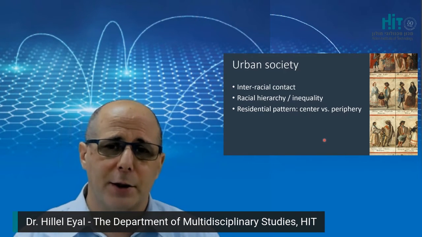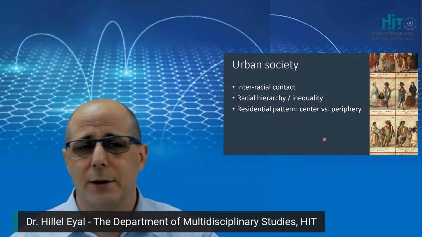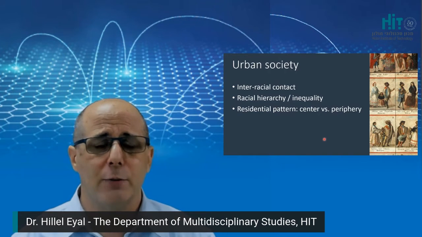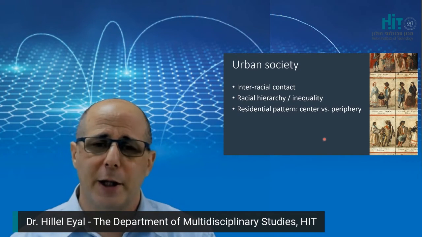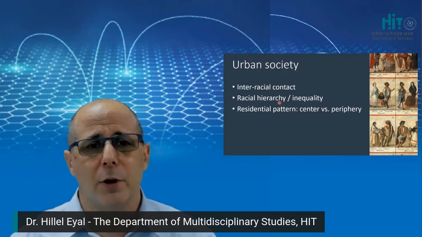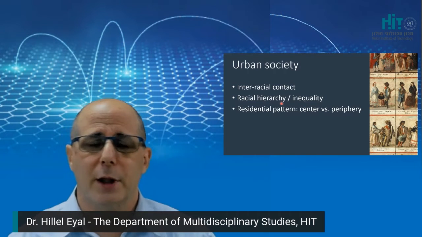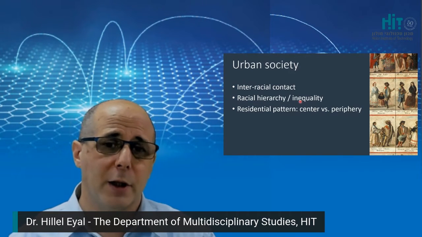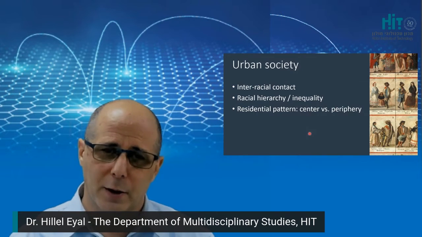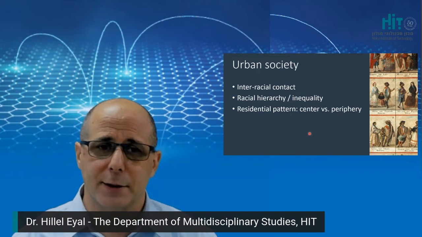In the urban society, that is in cities such as Mexico City, Buenos Aires, Lima, anywhere, we have a great degree of interracial contact. That's where the Indians and Spaniards come together. Of course, that's where also the racial hierarchy is most visible, because they live together, and that's where inequality between racial groups is emphasized. It is much more greatly experienced.